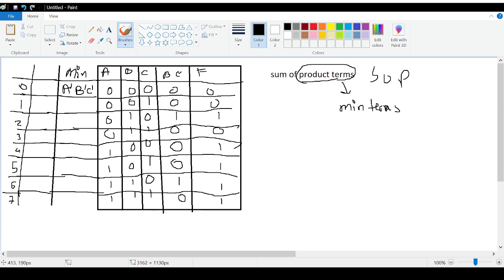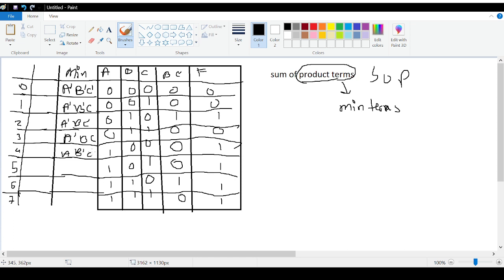Can you tell me what this combination will be represented as? A bar, B bar, C. Yes, very good. This one? A bar, B, C bar. Very good. Now complete the rest of it. A bar, B, C. A, B bar, C bar.